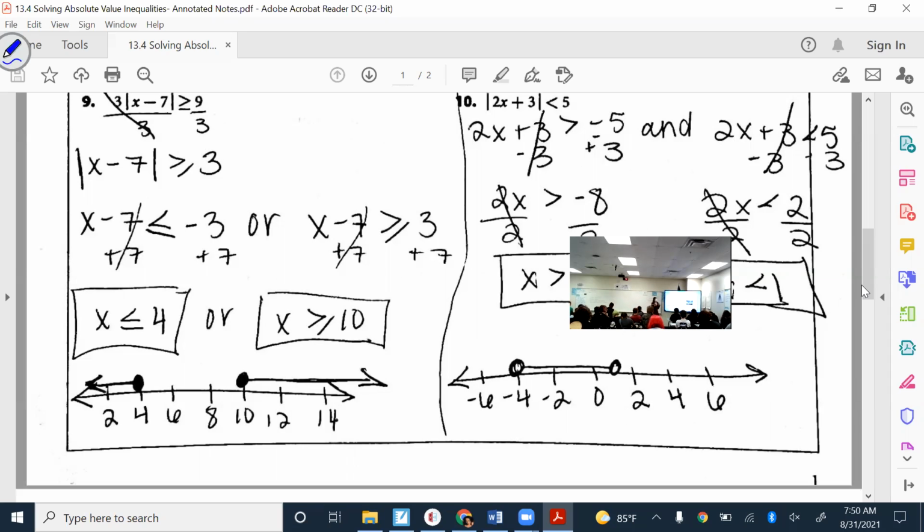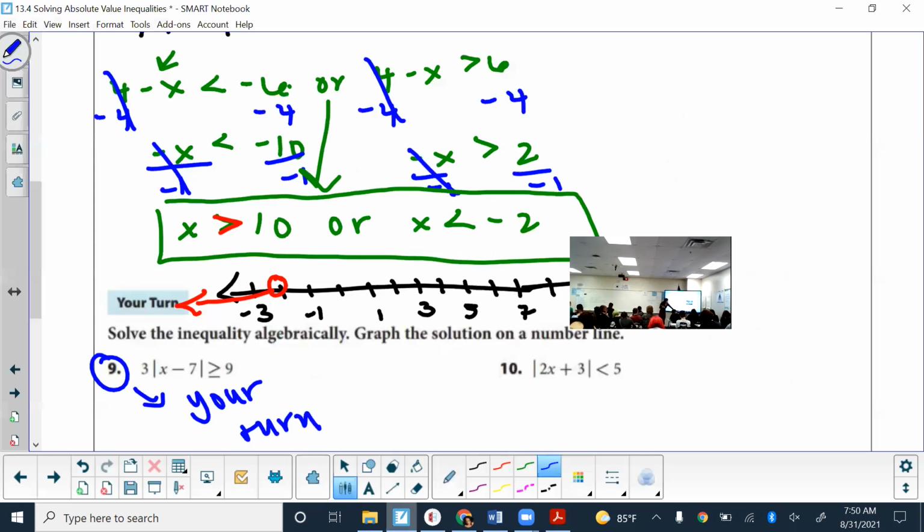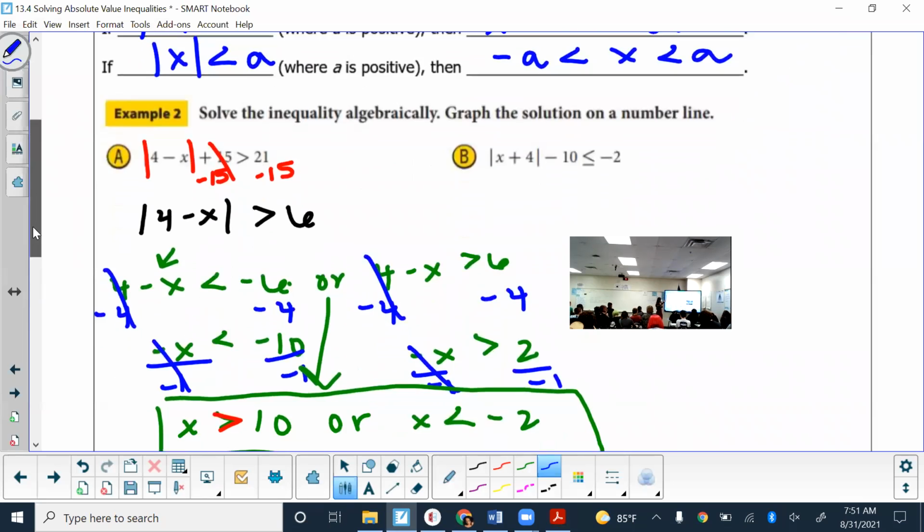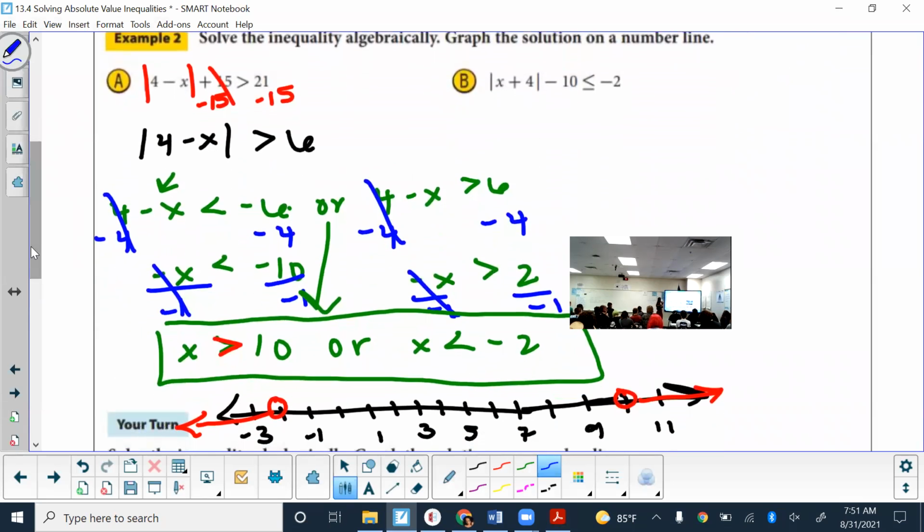All right, now let's do an example with the and statement. Going back up to the top, I'll demonstrate. In part B, I might have to erase this part over here because it's a little messy.